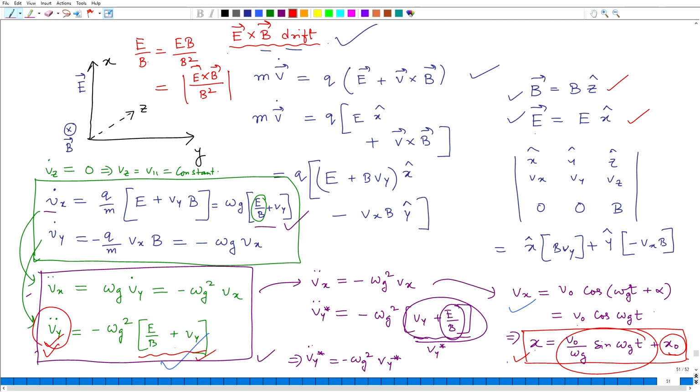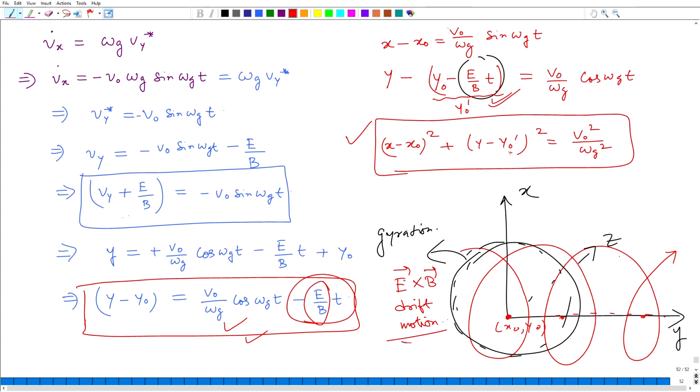And so, we can say that V y double dot is equal to minus omega g square times V y plus some extra velocity type of term. Of course, everything here has a direction y cap, and E cross B will also be plus or minus y cap, that depends. So, you can think of this term as an extra drift term, and that is why this is called an E cross B drift motion.